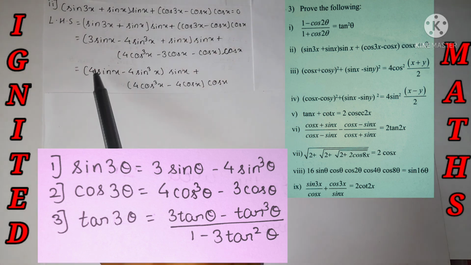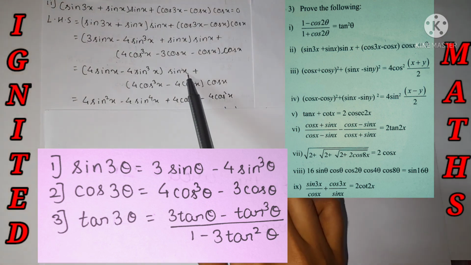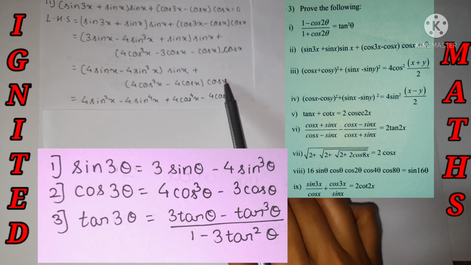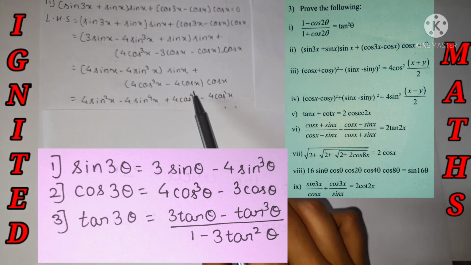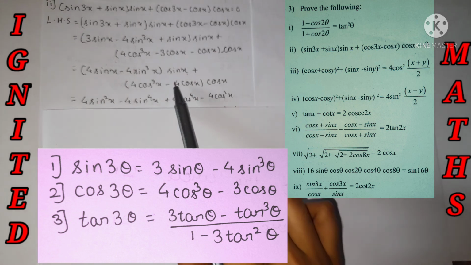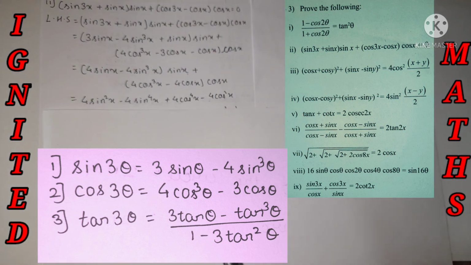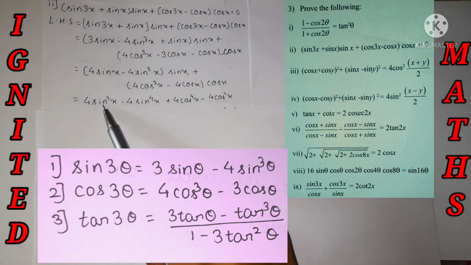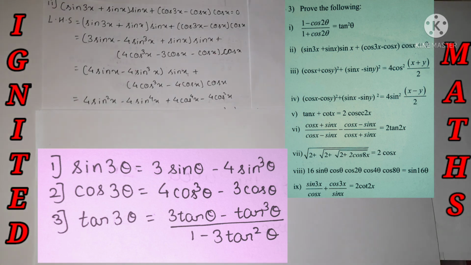Sin x into 4 sin x is 4 sin square x. 4 sin cube x into sin x is 4 sin raised to 4 x, and cos x into 4 cos cube x is plus 4 cos raised to 4 x, and minus 4 into cos square x. Separate the terms of sin square x and cos square x raised to square on one side, and sin raised to 4 and cos raised to 4 on the other side.